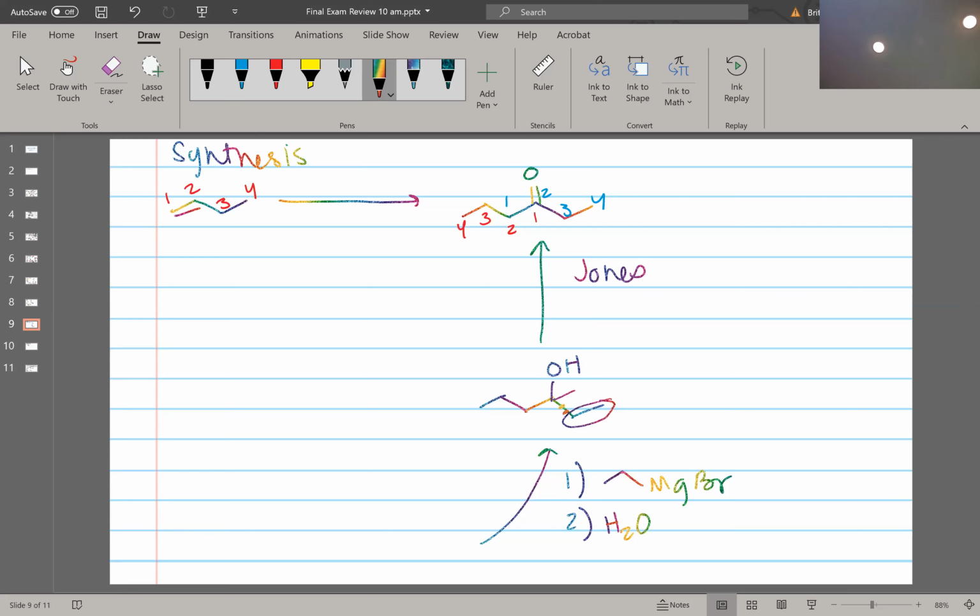There's also a hydrogen on this carbon. Y'all can do this. An aldehyde? Yeah.